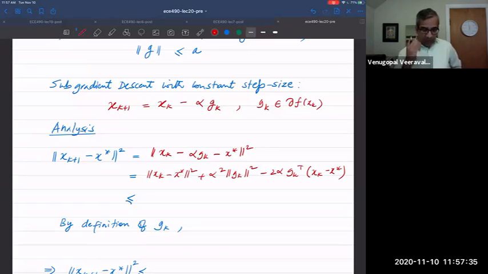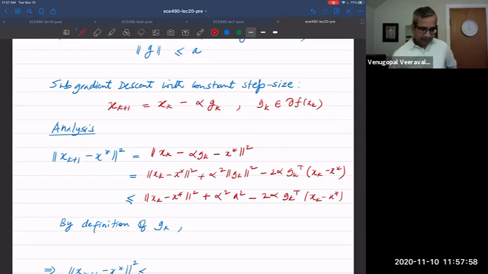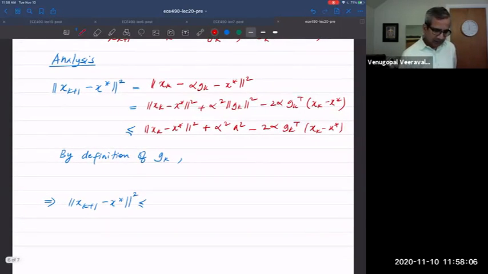So this is less than, since gk is bounded by a, xk minus x star squared plus, it's upper bounded by alpha squared a squared minus 2 alpha gk transpose xk minus x star. Now, by definition of gk, since it's a subgradient, it satisfies the subgradient condition.